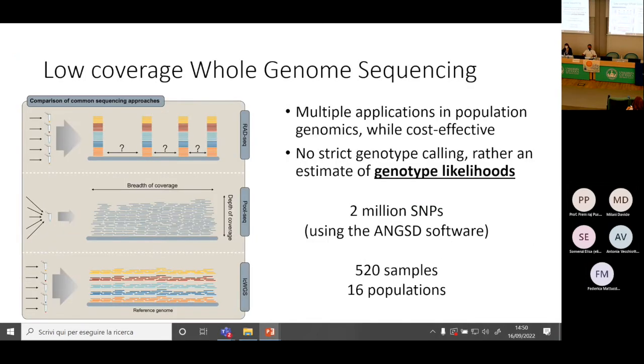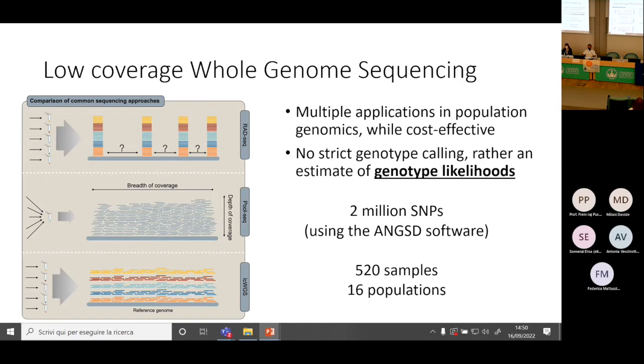Like I said, we've moved on to whole genome sequencing, but salmonids and Arctic char have really huge genomes, so it's not really feasible to go for full whole genome sequencing just because we want to represent a lot of populations. So we opted for, and are still trying to make work, low coverage whole genome sequencing.